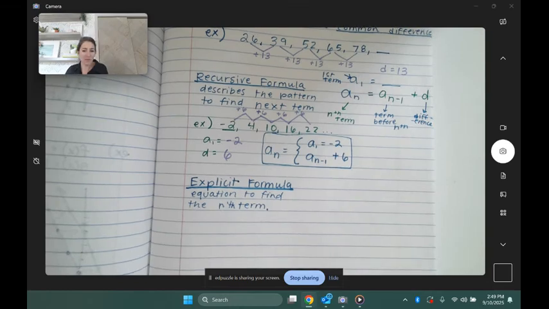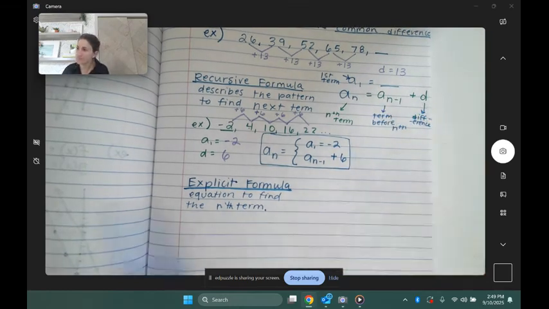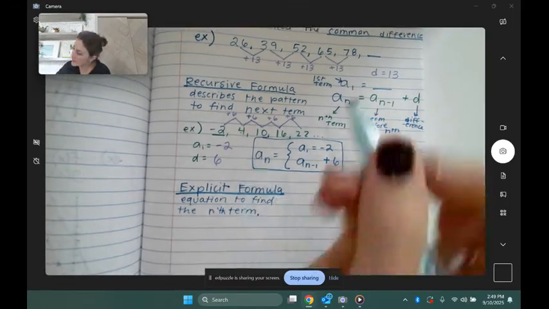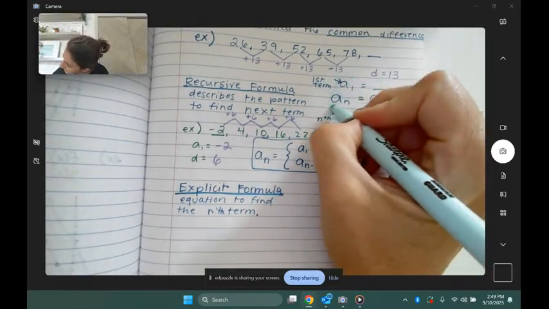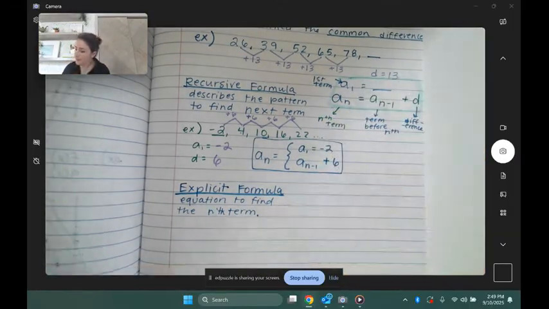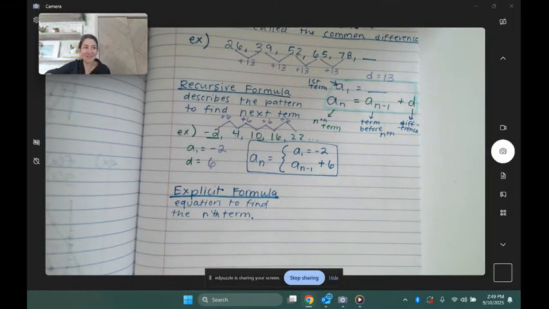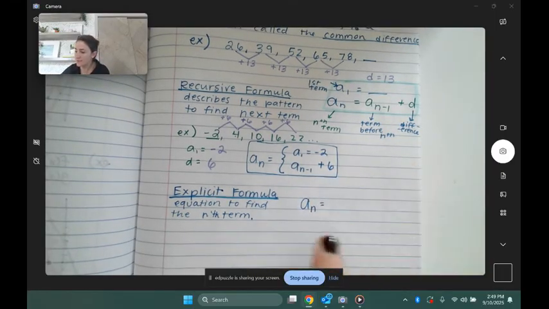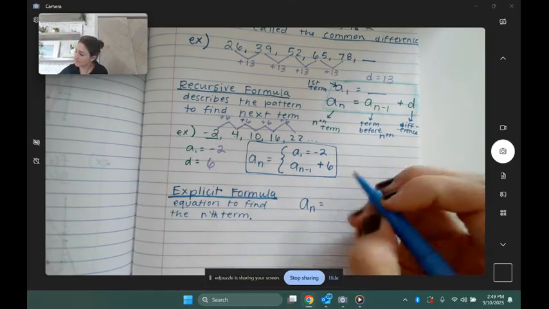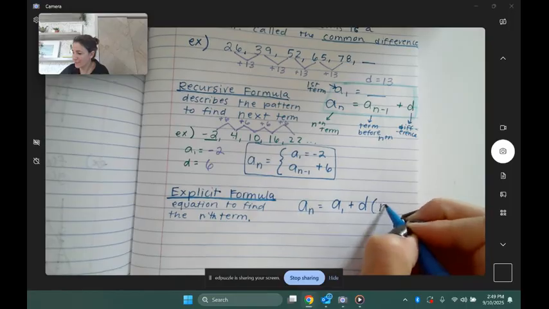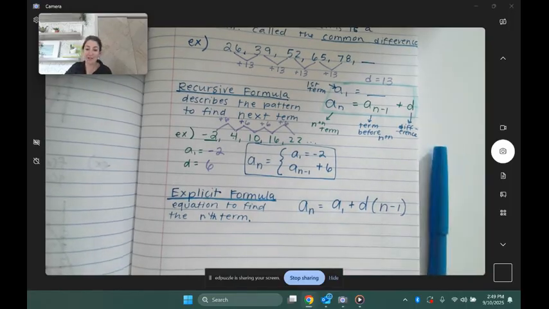And it's pretty similar, where we're going to have a couple different pieces to it. This is your big formula there for the recursive formula. And here's the explicit formula. A sub n is, and this one's just going to be one line, the first term plus the difference times n minus 1.